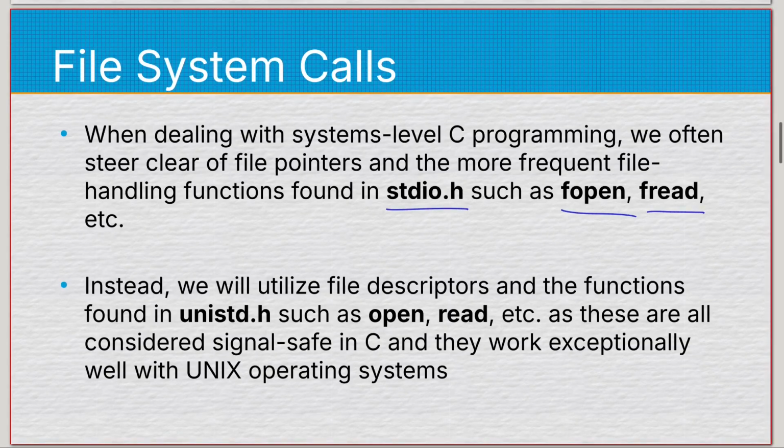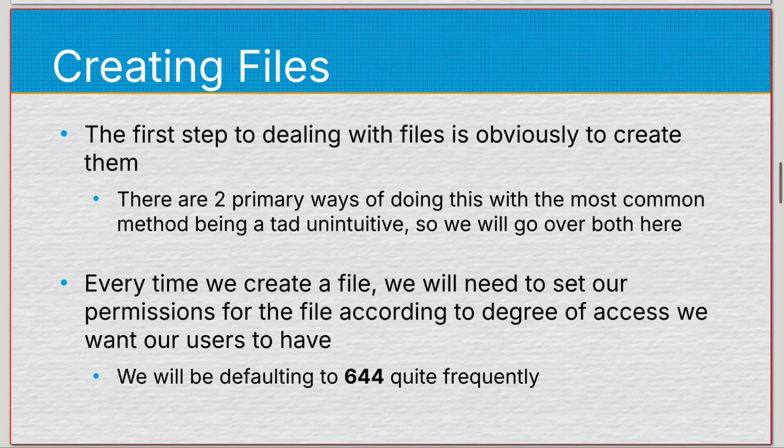The file pointer aspect can get very messy, and it's much safer to use the lower level open and read from the universal standard one over here, the unistd. The open, read, write, whatnot, those are all considered signal safe, and they work very, very well with Unix operating systems. That file descriptor table is very robust. It works remarkably well. It is a bit more work, as a lot of things in systems level programming are, but it's honestly not too bad.